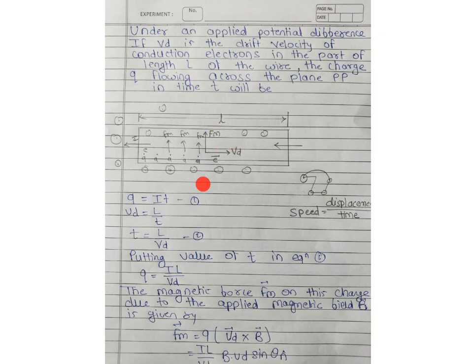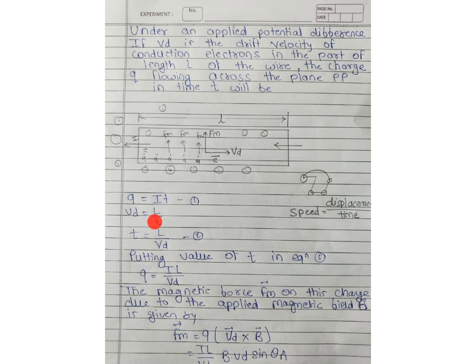We know that current is equal to Q upon t, that is, current is equal to charge upon time. So this equation can also be written as Q is equal to I into t. Then if we consider the electron which moves from this position to this position, we find the speed: the total displacement from one point to the last point upon time t.